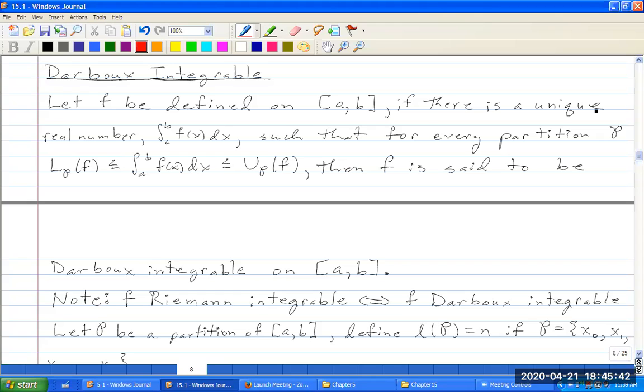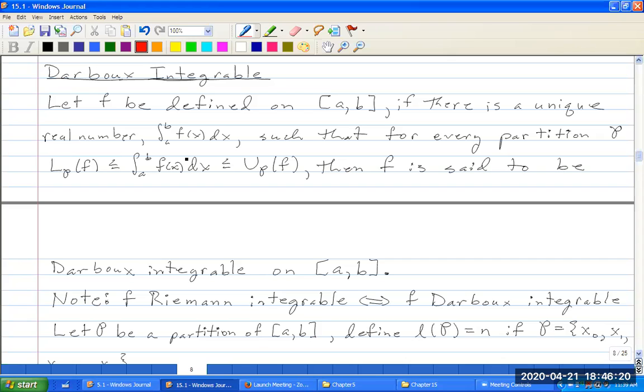If there is a unique real number, the definite integral from a to b of f of x dx, such that for every partition P, the number, which we denote by the obvious symbol, is between the lower Darboux sum and the upper Darboux sum, then f is said to be Darboux integrable on the closed interval.